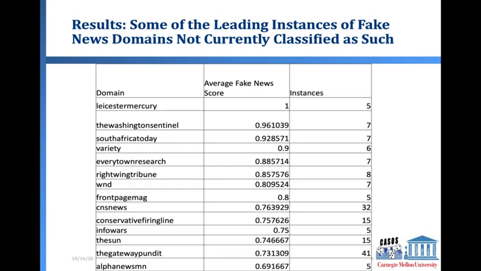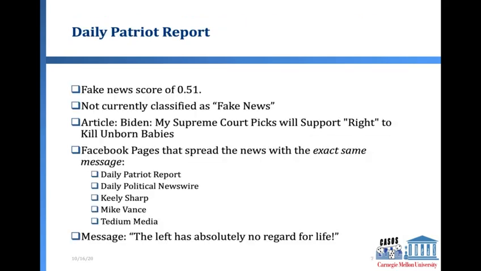One of the top fake news score domains that actually wasn't labeled was one called the Daily Patriot Report. So if you go to the dailypatriotreport.com, you find a news site, and according to my algorithm, it has a fake news score of 0.51.